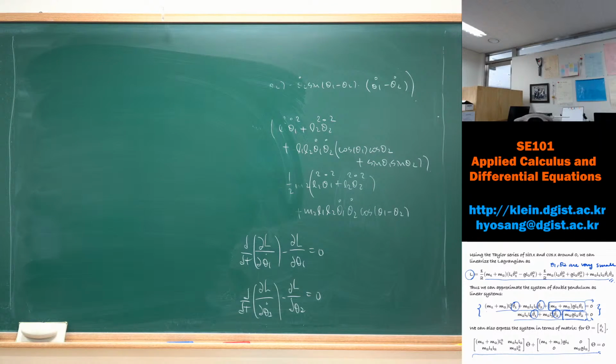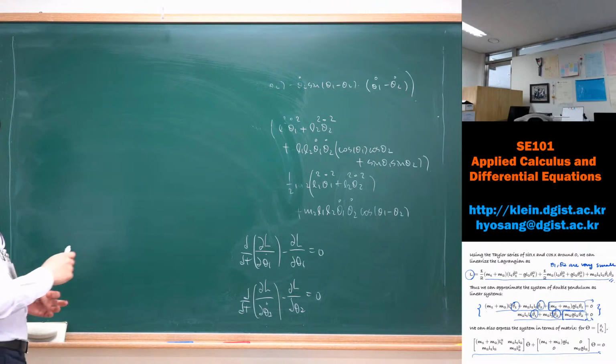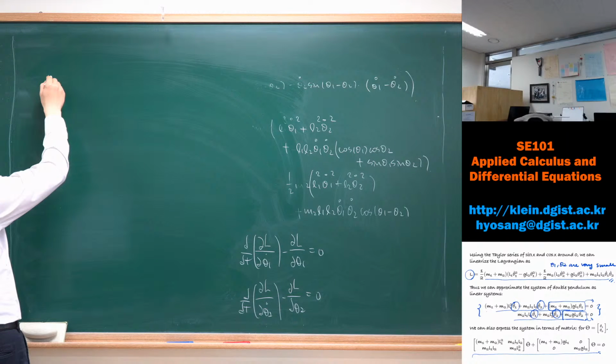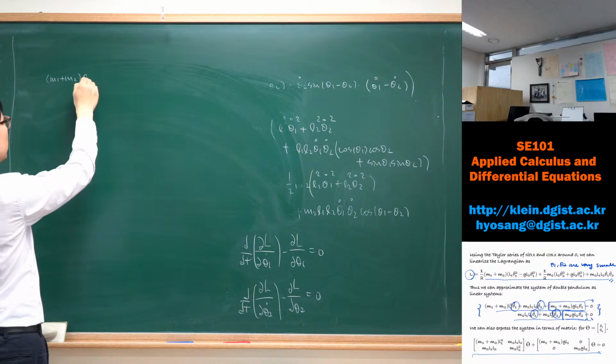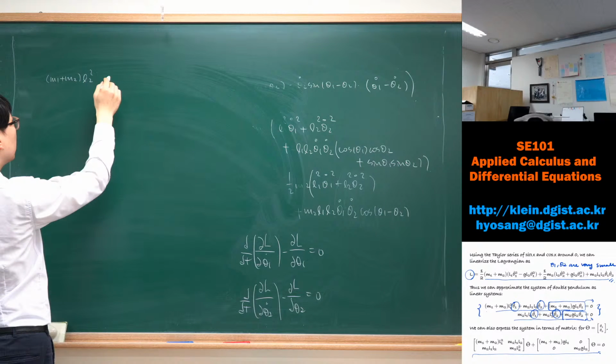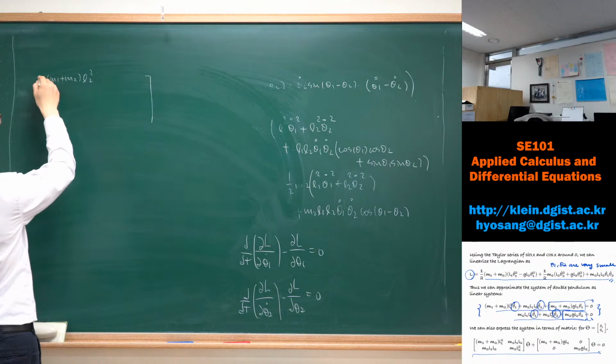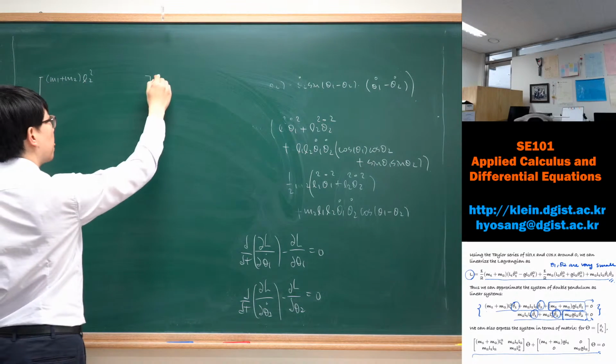So the second order term has M1, M2, L2 here.